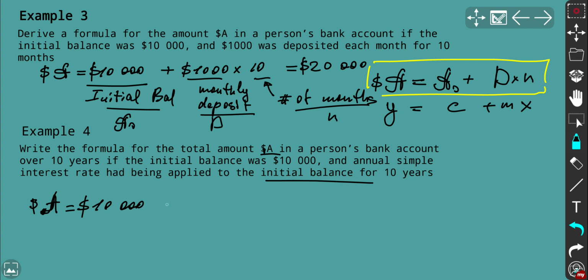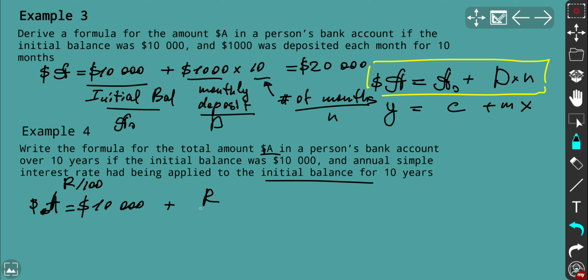So what we're going to do, we need to say that interest rate, we are not given the actual interest rate. Let's set it up as R, and if it's in percentage we need to divide by 100. So R over 100 is going to be the rate converted into decimals.